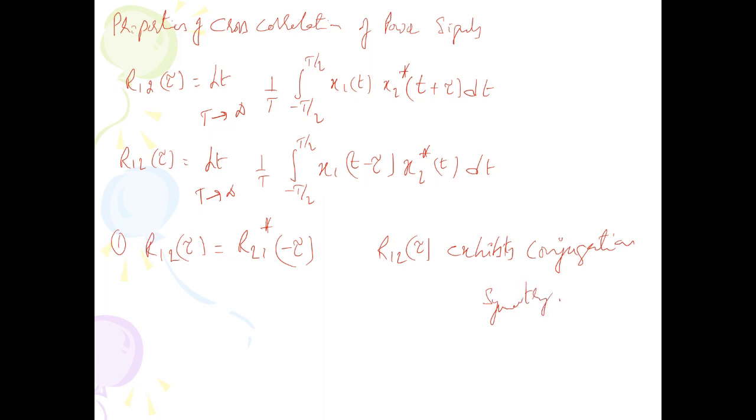Let me take this equation. R12 of tau is equal to limit T tends to infinity 1 by T integral minus T by 2 to T by 2 f1 of t f2 star of t plus tau dt.